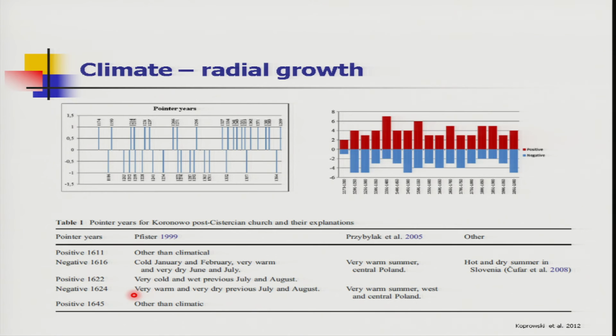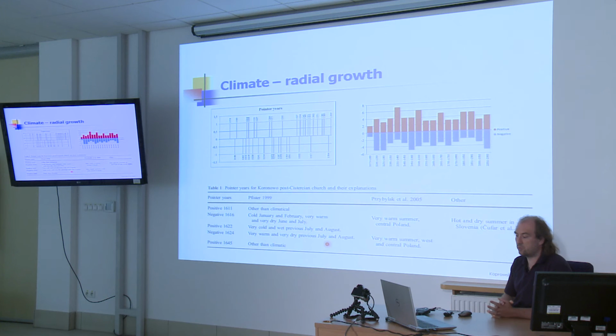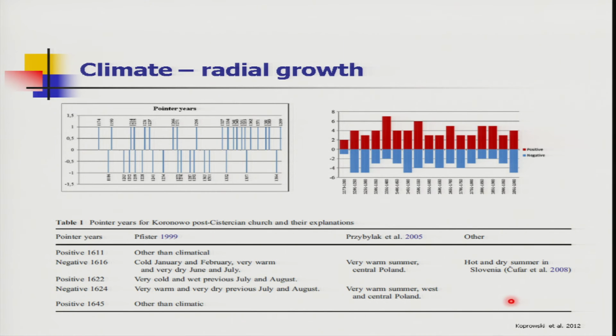No instrumental measurements are available for this period. We've got only some descriptions in diaries, in church books, or other documents, and we may try to find the information what caused such a pointer year in these sources.